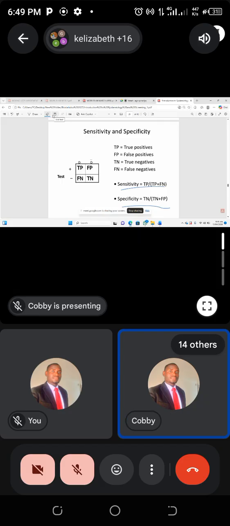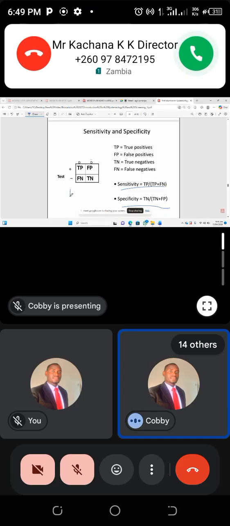Those people who do not have the disease also test negative. To calculate this, you need to know how many people do not have the disease, and how many of those are going to test negative.